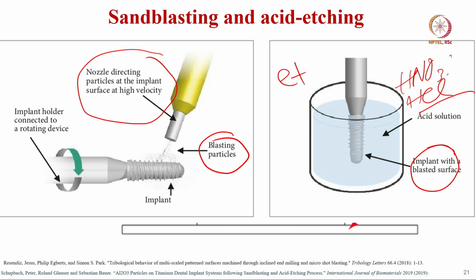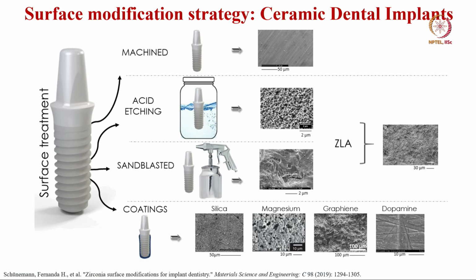So, etching time is also important, and etching solution composition is also important, and then it will give you these etched surfaces. I will continue with this surface modification strategy for the ceramic implants in the next lecture. Thank you.